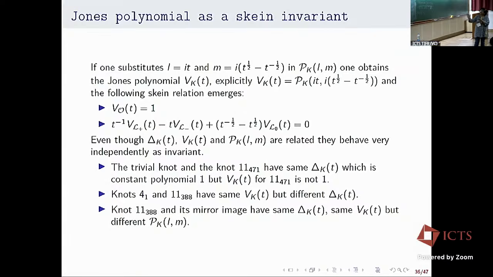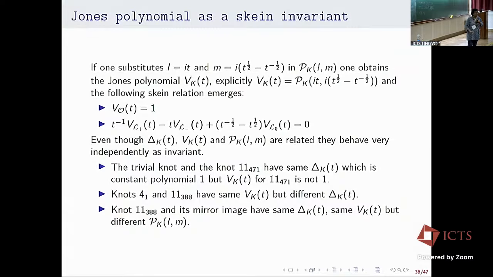Then we have the Jones polynomial. This was something I really wanted to tell. This was discovered in 1984, and this brought the major breakthrough. This was the first invariant which was successful in differentiating a knot from its mirror image.